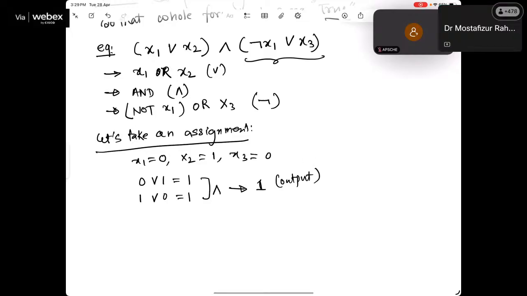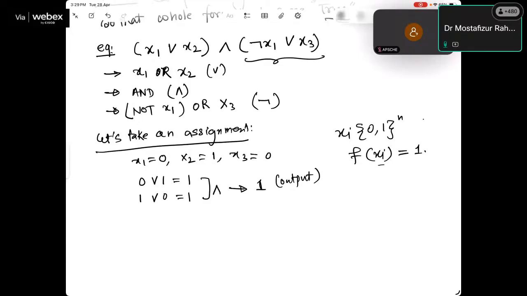So basically, I have to know what is the set of values for xi, which can take values between 0 and 1 in such tuples, such that my formula f of xi, or phi of xi, should be equal to 1, true, right? So this is the problem.